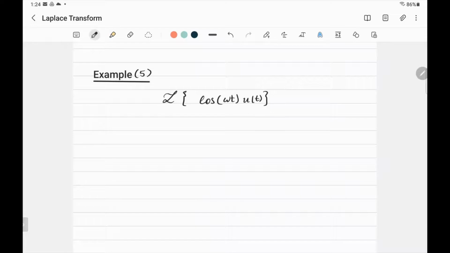Work together, okay. You should be able to do that without integration, using the information of the previous 2 examples. I want somebody to give me an idea. I give you 1 minute to think.